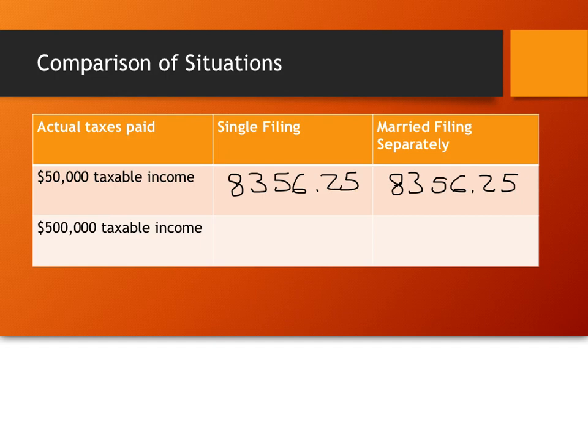Now, as a single person, if you made $500,000, you would be paying $155,045.75. And if you were married and filed separately, you would pay $171,376.45. Oops, that should be a decimal. Sorry, and that's a comma. All right.